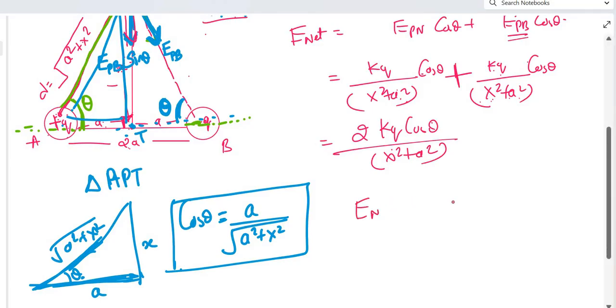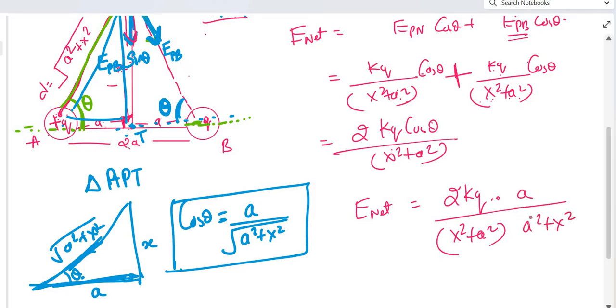So E net will be 2KQ by (x square plus a square) times A by the square root of (a square plus x square). Yes? I am putting the cos theta value here. That's it. We got our E net.